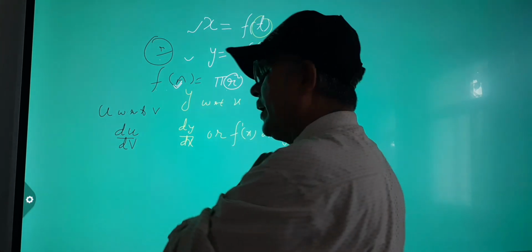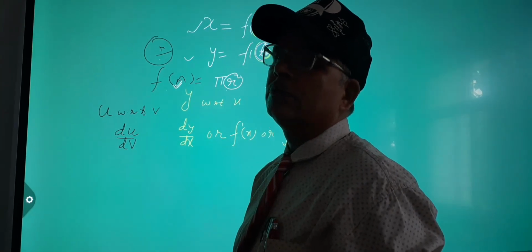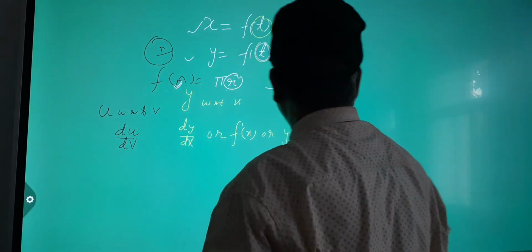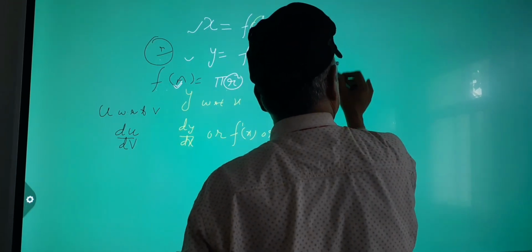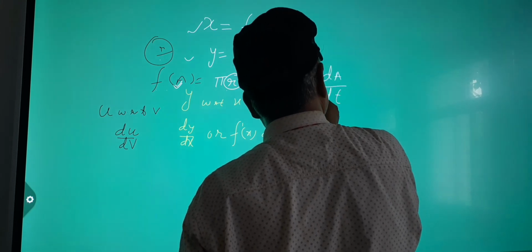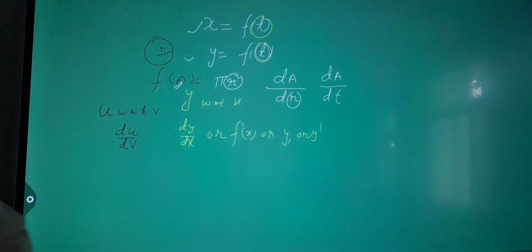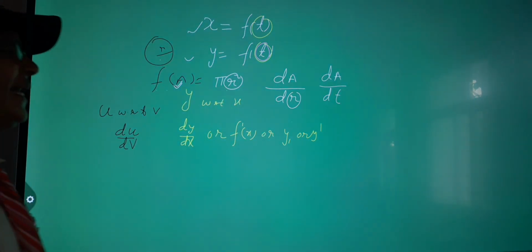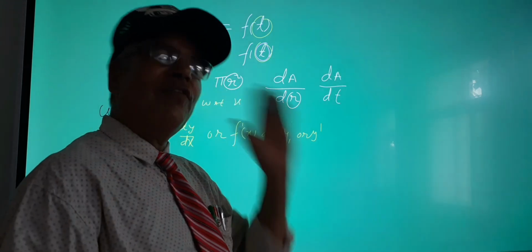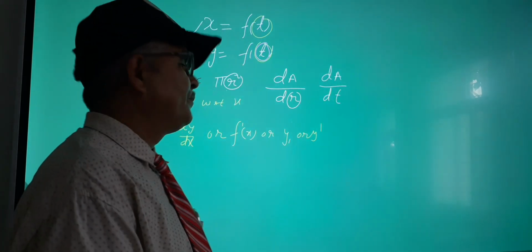If it is simply said that the change in area, then it will be written as dA upon dt. In that case the radius will be silent, so the derivative will be dA upon dt.